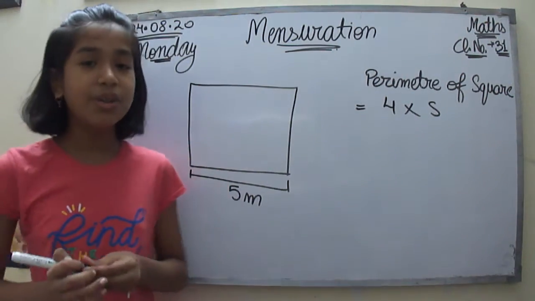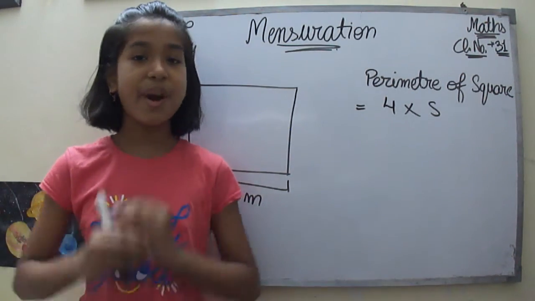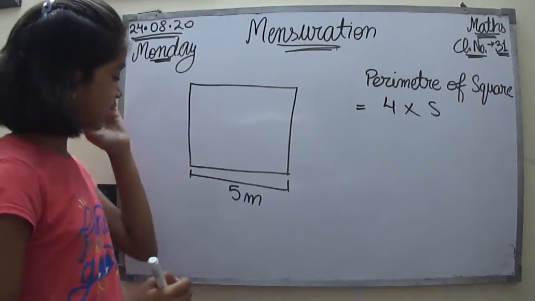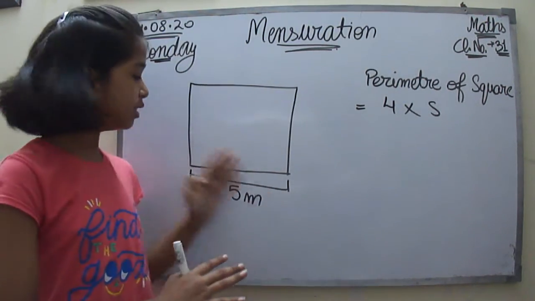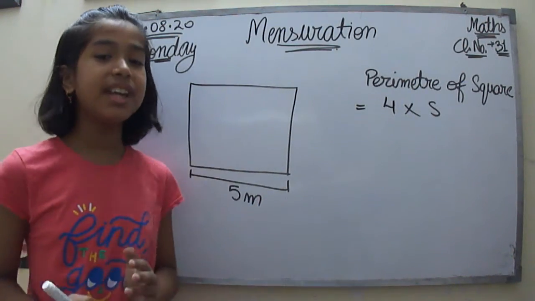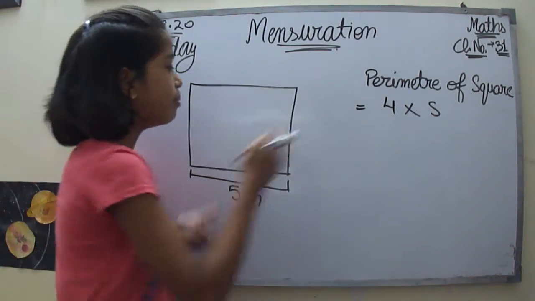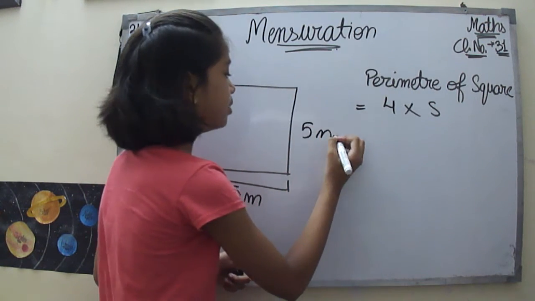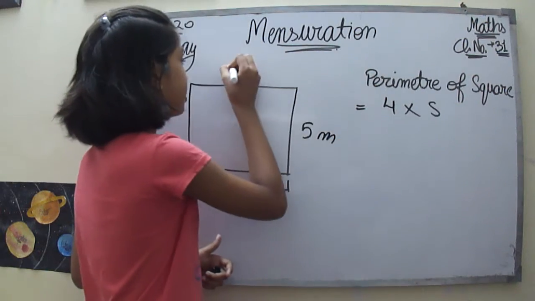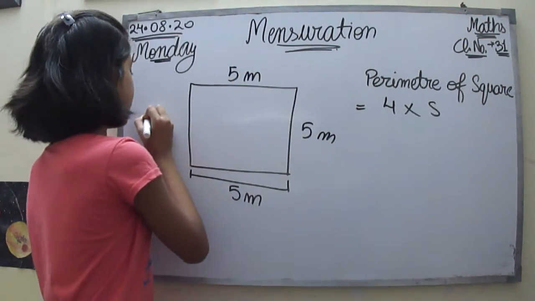We all know that all the sides of the square have equal length. So if I say that this side of the square is equal to 5 meters, we can understand that these all measure 5 meters.